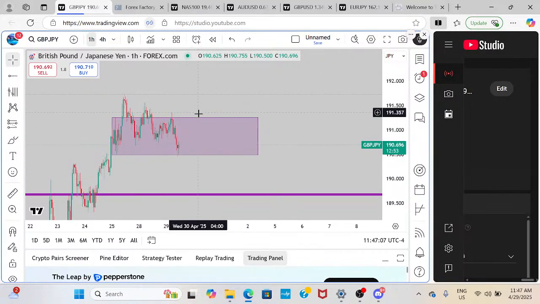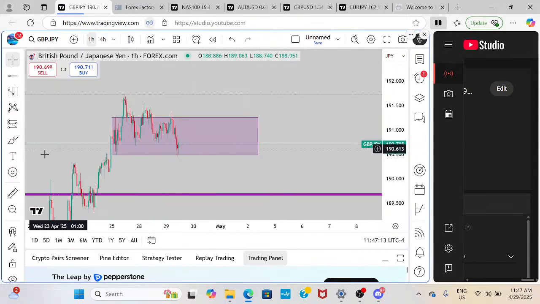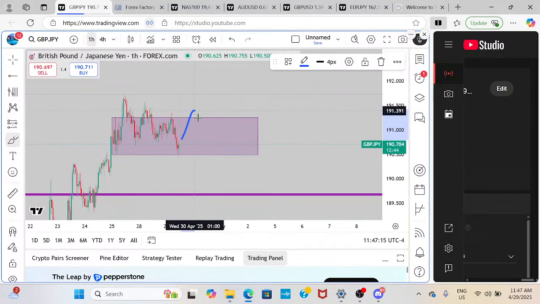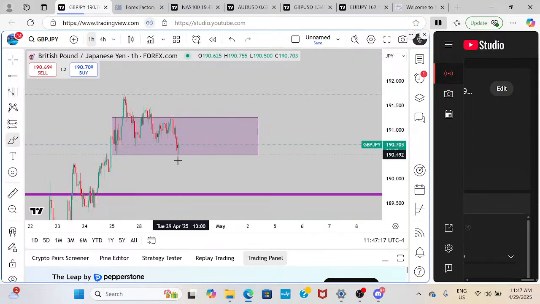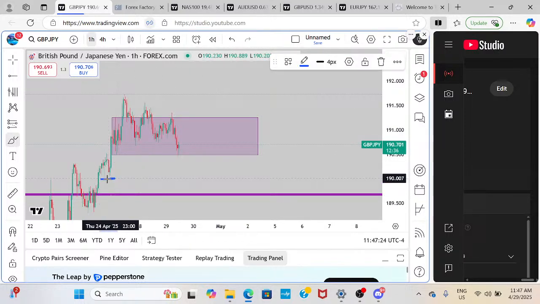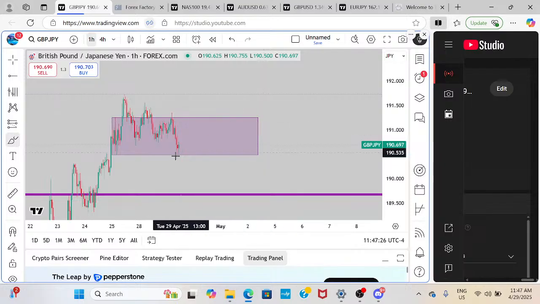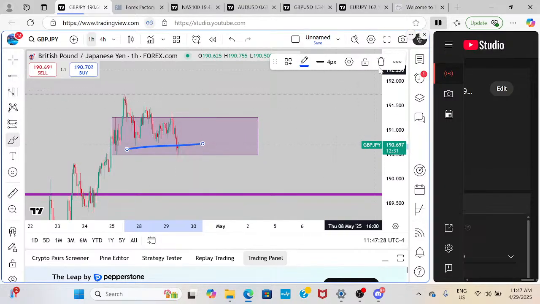Now, if you want to keep holding, let's say the price gets to 190, it gets to 191, and then instead of it getting rejected, it ends up actually breaking above it, then you can keep holding the buy. Just trail your stop loss, right? You move your stop loss from this 189 and then just move it to the next low that the price forms, right?